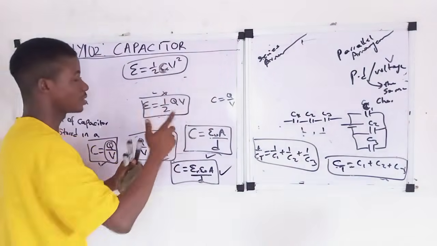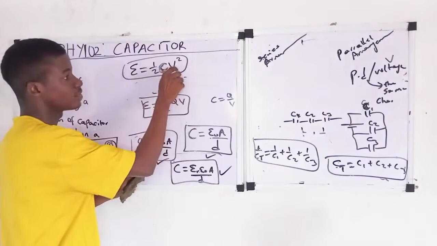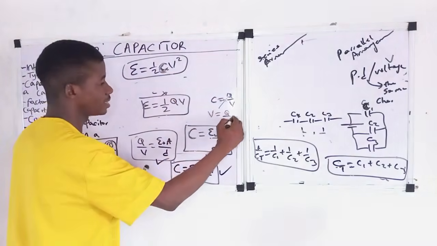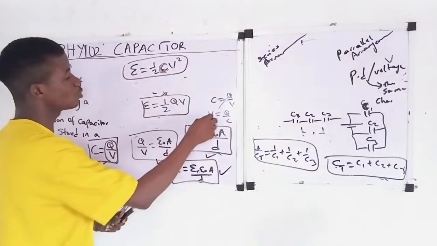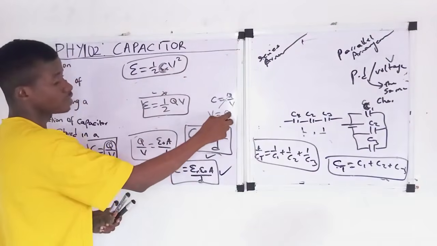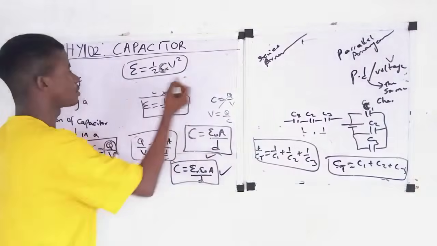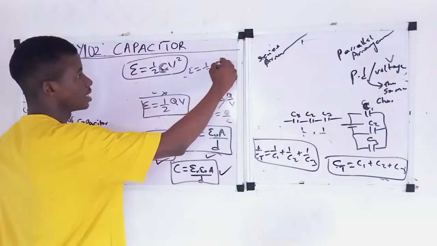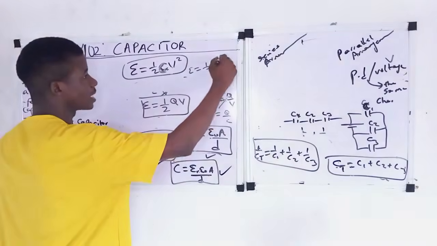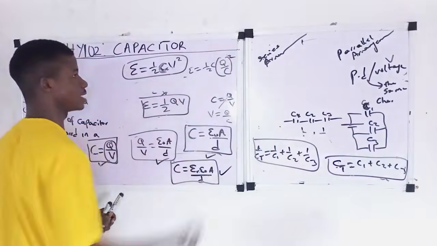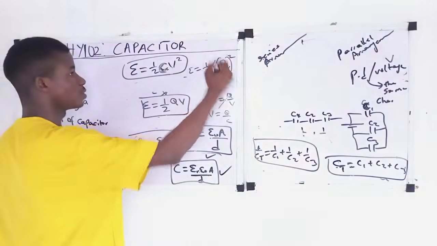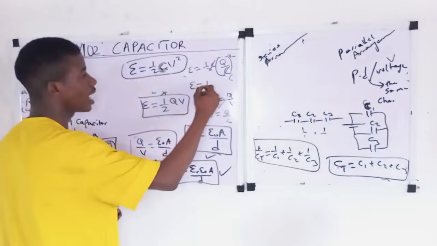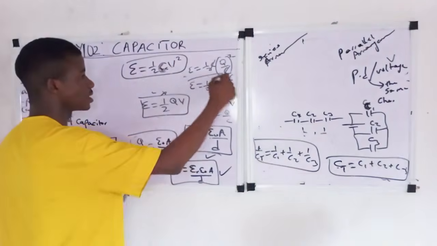Now to get the third one, we need to replace V. In place of V, we put charge over capacitance. E is equal to half C, and in place of V we put charge over capacitance. Remember, V carries a square, so this will cancel one C. We'll be left with one C, because the square affects C. So E will now be equal to half Q square over C.